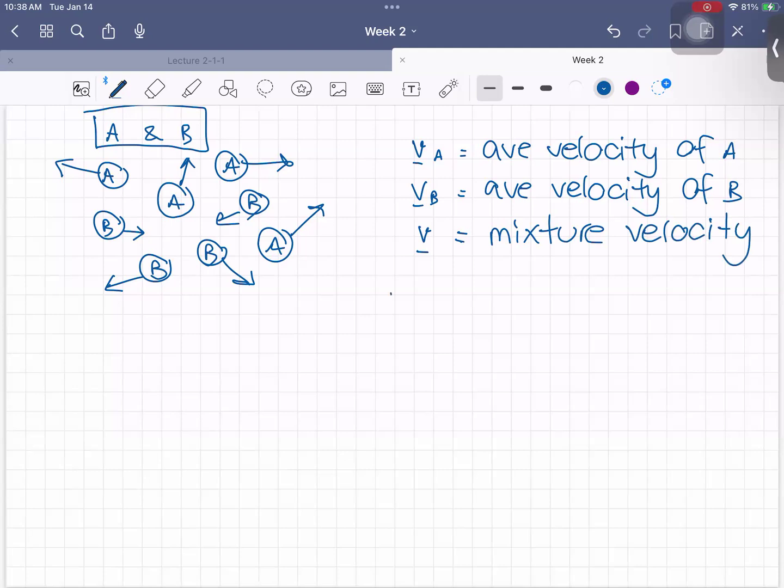So if I say V_A minus V, what does it mean? It tells you that species A is faster than the average velocity of the mixture, and how much faster A is moving than the average mixture velocity. And if I multiply by rho A, what would it mean?